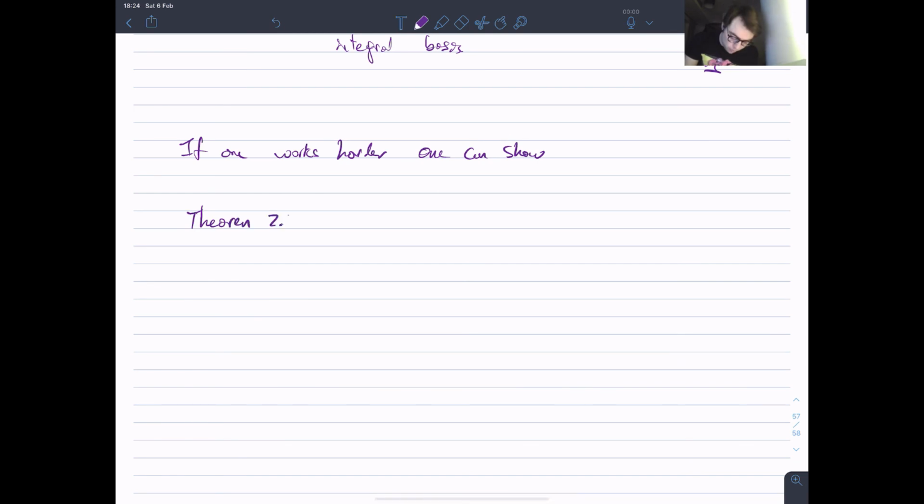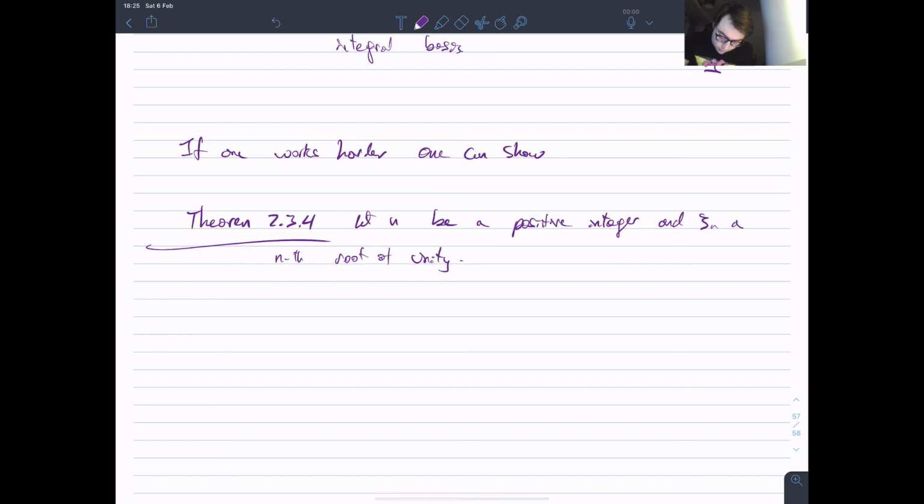So this is theorem 2.3.4. Let n be any positive integer, and zeta n an nth root of unity. Then if k is Q(zeta n), then O_K is just Z adjoined zeta n.